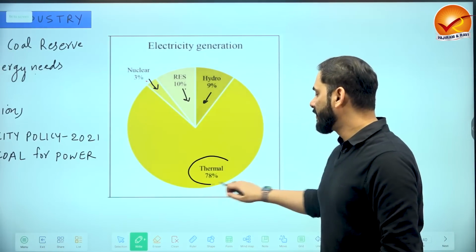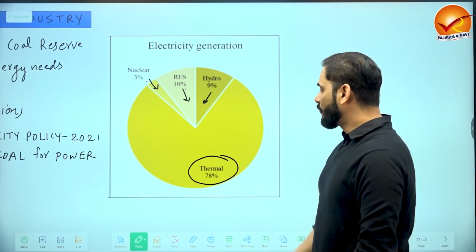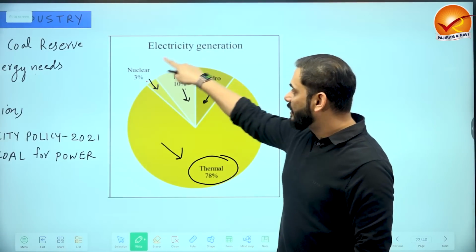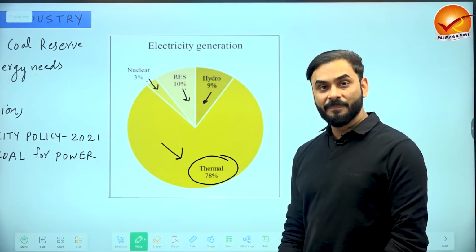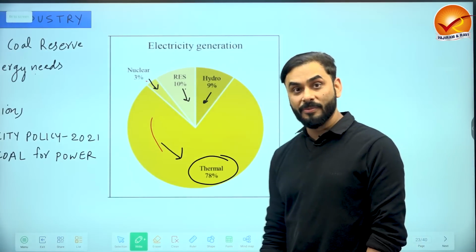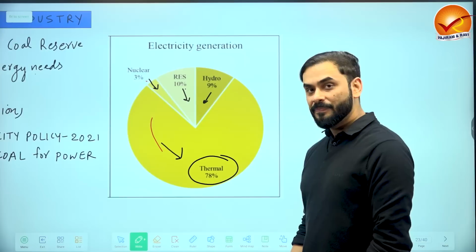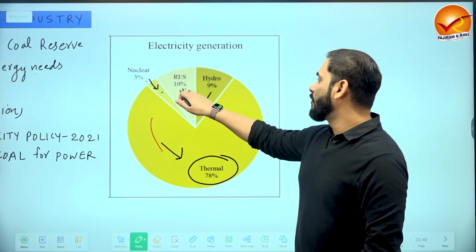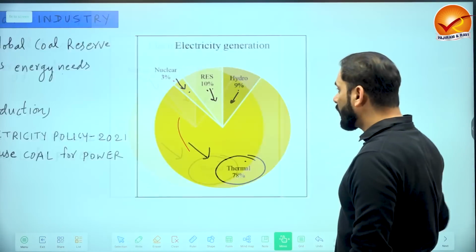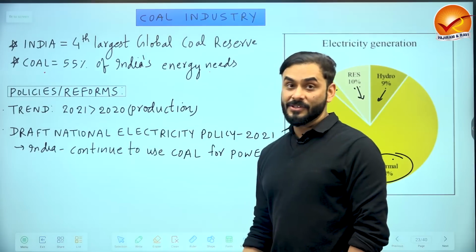And thermal energy also includes coal, right? So if you see carefully, in electricity generation the contribution of coal is in this block, a very high contribution. Coal, diesel, all these things are part of this. So this is nuclear, this is renewable, this is hydro, and this is thermal, which also includes coal. So it's a major source of electricity generation in India.